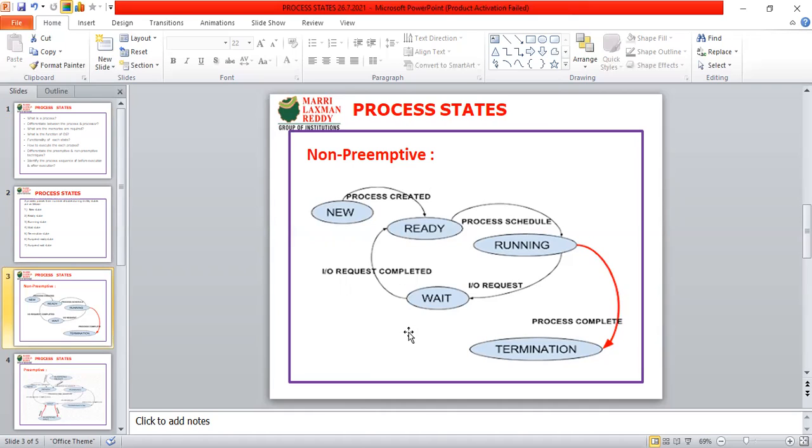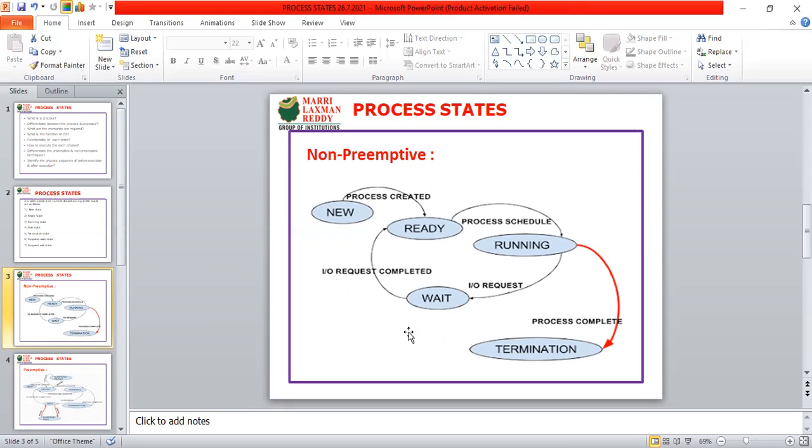Non-preemptive: once the processor is allocated to a process, it will not be taken back until the process completes its execution. Is it clear? That is called non-preemptive.